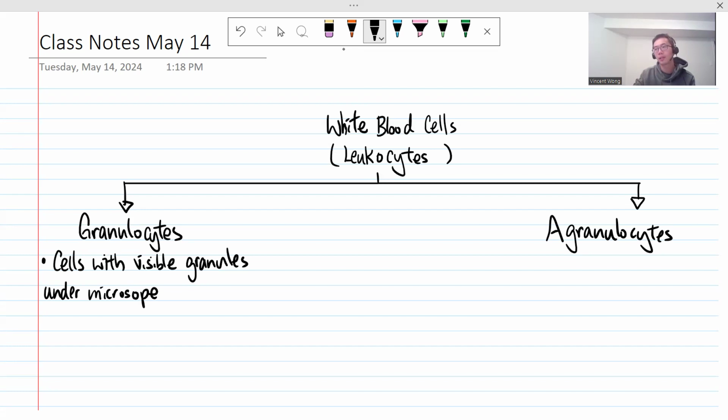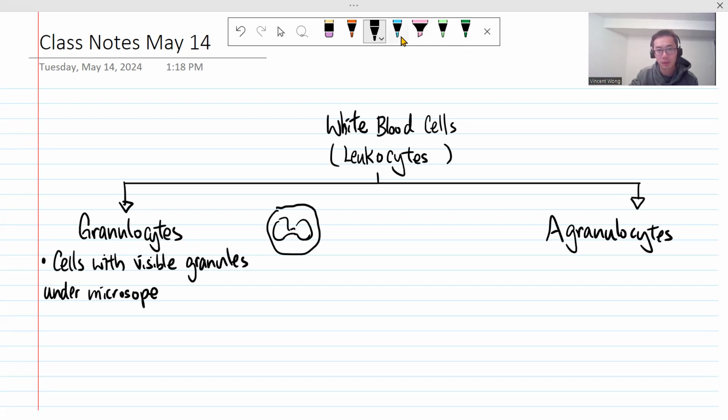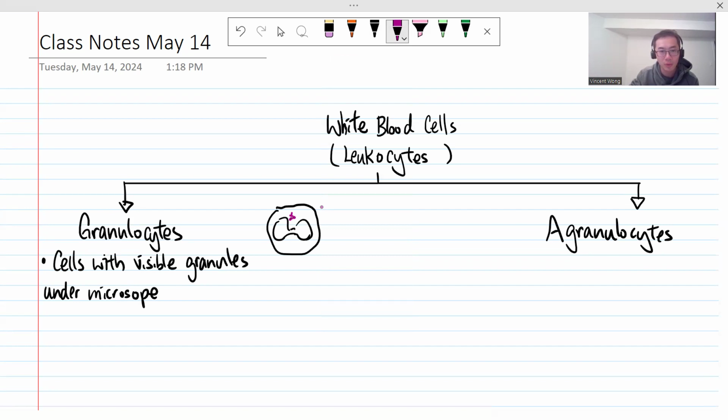When you look at them under the microscope, you can see they have these very distinct granules. So here's a cell, and then you will see the nucleus here. A lot of these white cells have multiple nuclei, and then you will see these little granules right there.